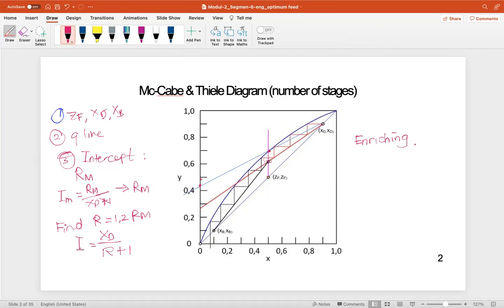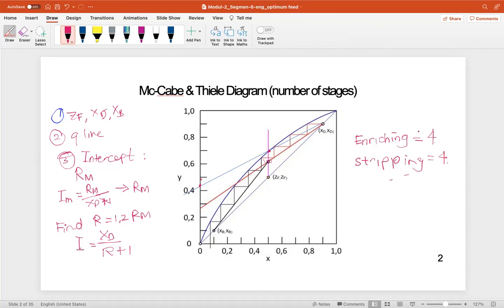So the enriching is 4. And then the downside after the enriching is the stripping, 1, 2, 3, 4. So then you have stripping, actually 4.